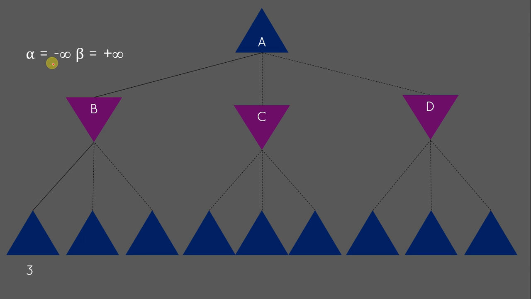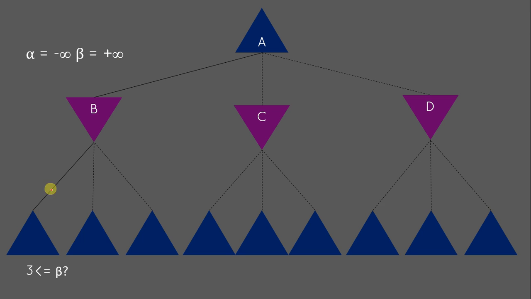So an example for this is this game. We're going to start from the root and then B, and since it's depth first, we're going to start from 3. Is 3 less than alpha? No, because alpha is negative infinity. And we're going to ask if 3 is less than beta.